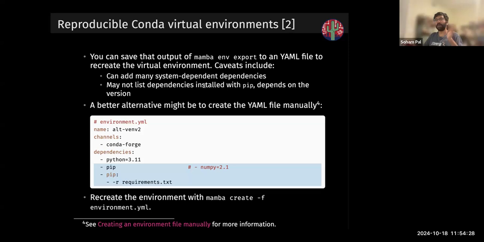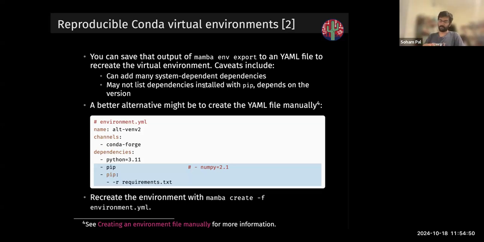So when you do mamba env export, it will export packages installed by Mamba, but not the packages installed by pip. So then you will need to do both mamba env export and pip freeze.